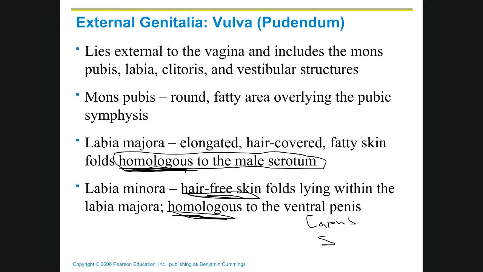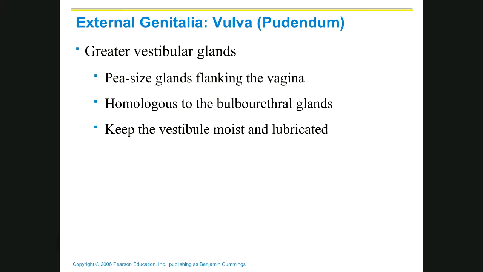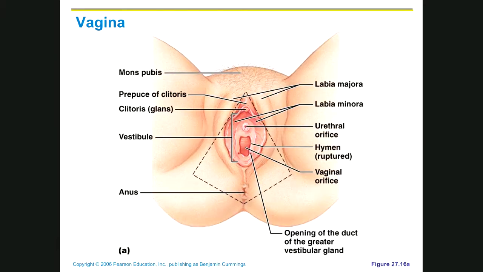Comes from this exact same tissue. And remember, in the male, the corpus spongiosum has the urethra running right through the center of it. Well, if you look at this, there's the urethra right there. And here's this corpus spongiosum-like structure surrounding it.